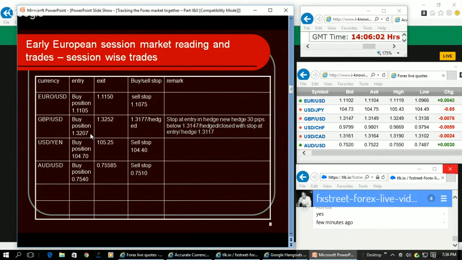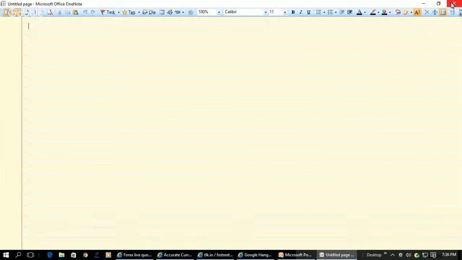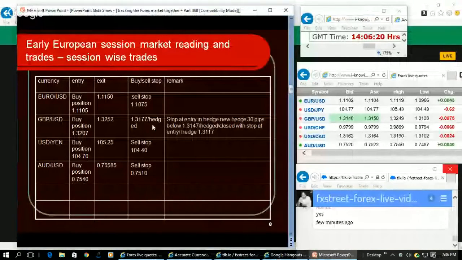In the case of GBP, which has made about a 50 pip drop from the entry, I kept the buy order at 1.3207 and that got filled, and then subsequently it came down to 1.3177 during the European session webinar, and that position was hedged.